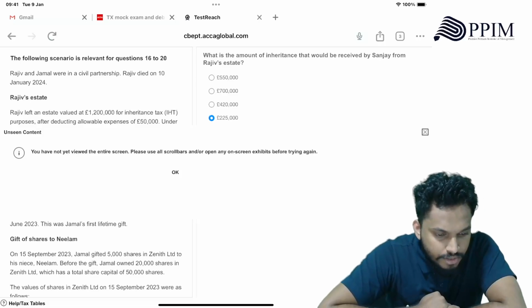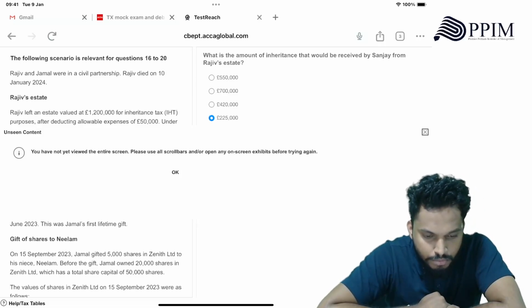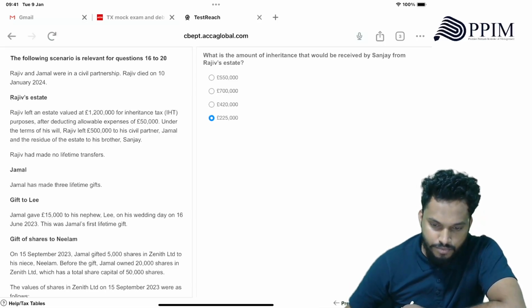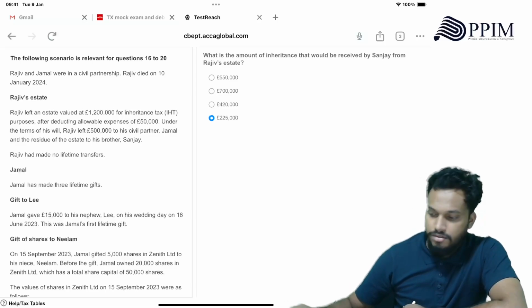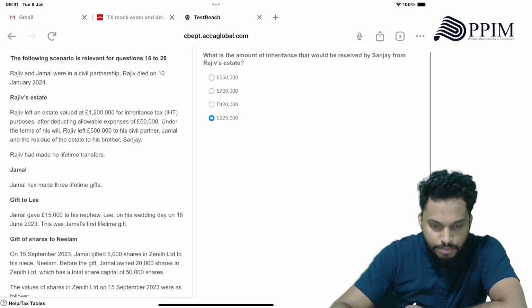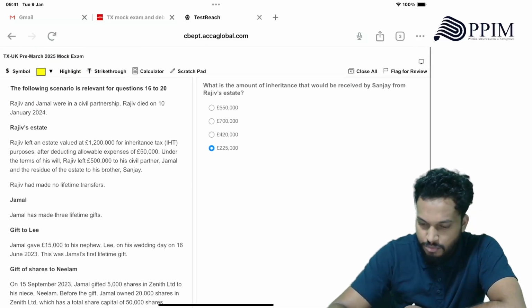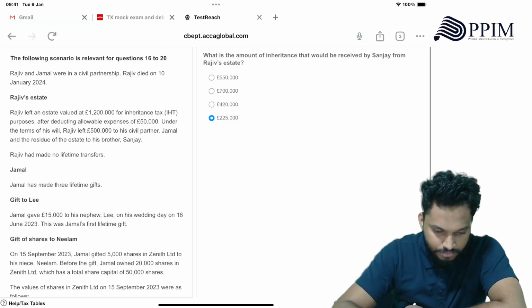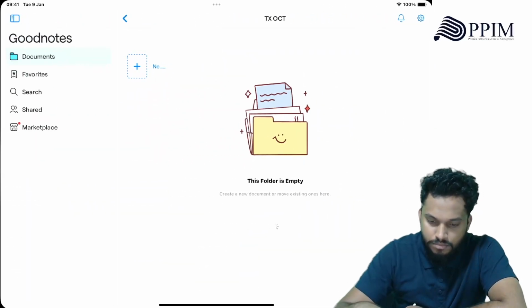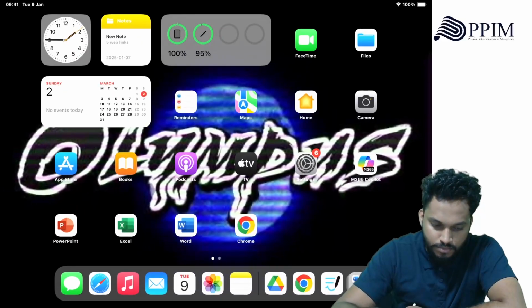You have not viewed the entire screen. Please use the scroll bars to exit before. Oh, the thing is, I can't. No, this tab is not allowing me to do this. Just give me a moment. Oh my God.